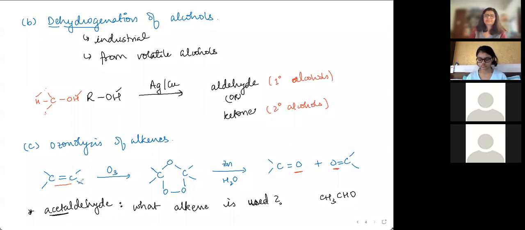Ma'am, are we assuming that both the products are acetaldehyde? I want to prepare acetaldehyde only. Like, I don't want any other product in the mixture. I want only acetaldehyde. Okay.